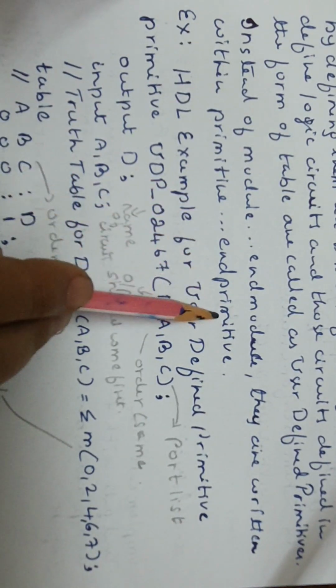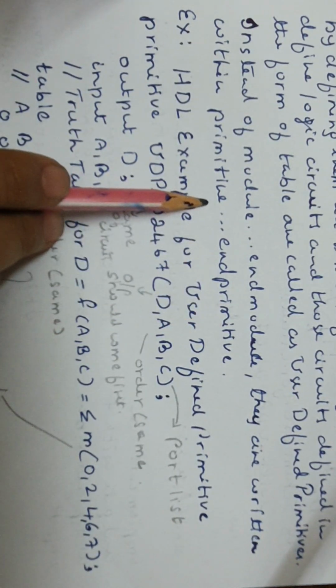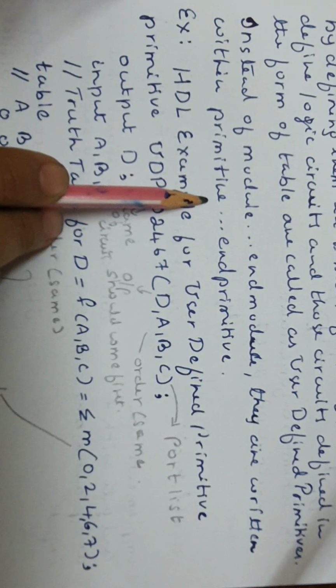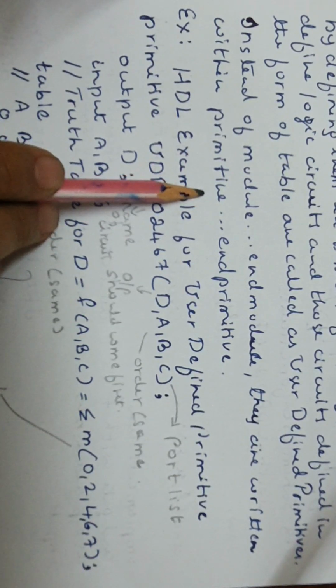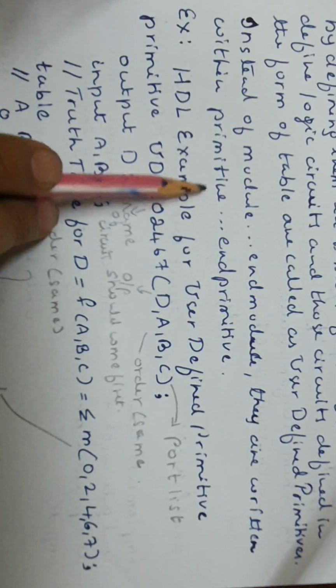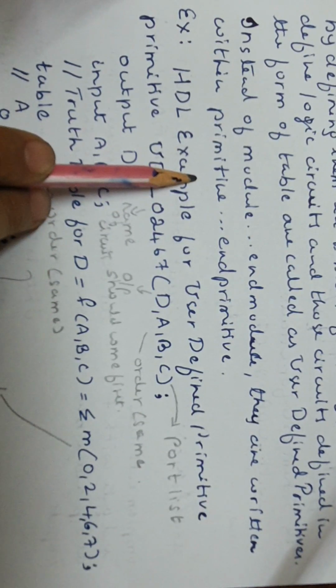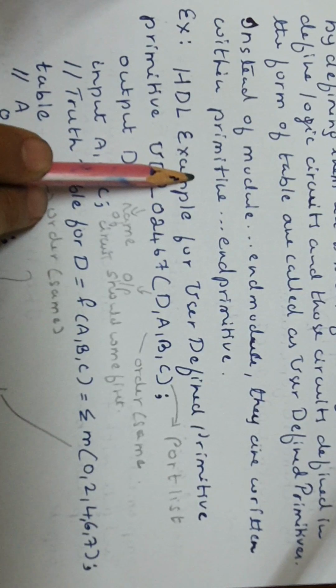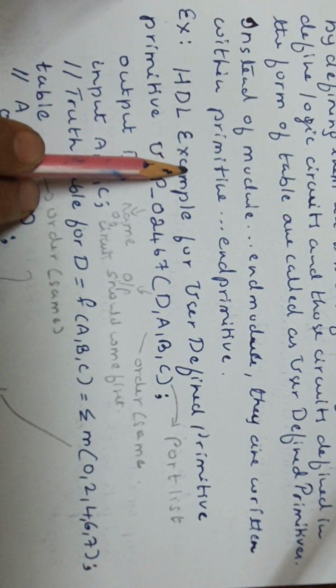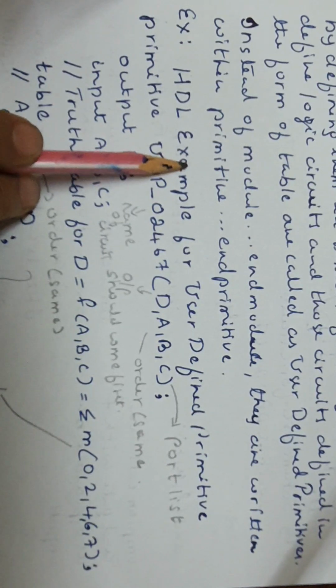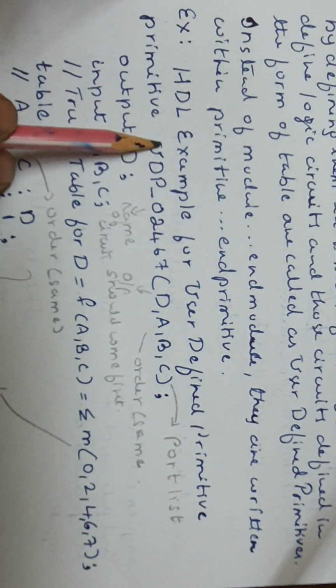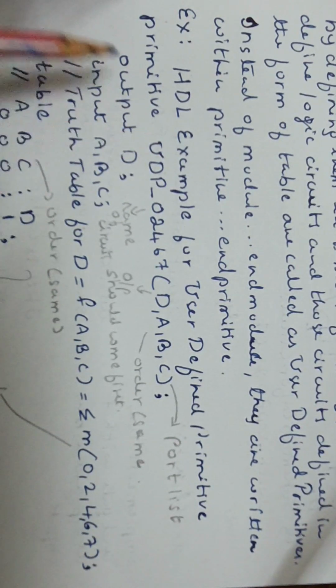Between primitive and endprimitive, we write a table, that is between table and endtable. In that table, we take inputs and outputs, and in tabular form we mention the relation between inputs and outputs, and that creates a logic circuit. This primitive will have some name, and the logic circuit created by the table in that primitive is called a user defined primitive. We will understand this when we take up an example.